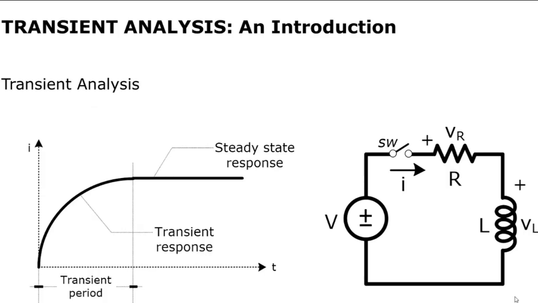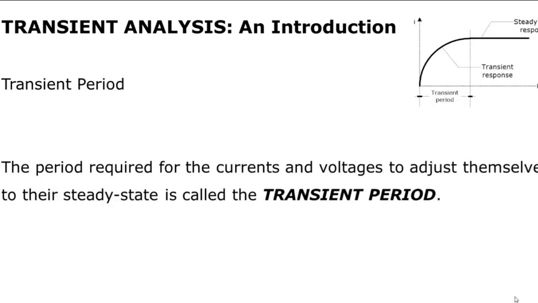So the curve of a transient analysis looks like the one given here, whereby we have a steady state and a transient state. So there are two major parts: the transient response and the steady response. A transient period is the period required for current and voltage to adjust themselves to the steady state.